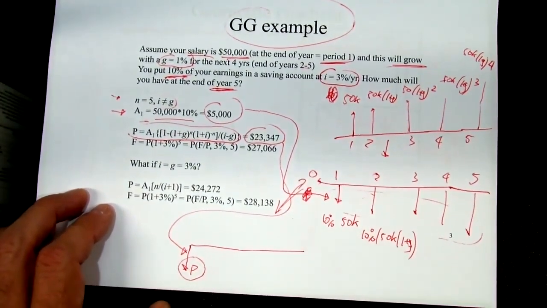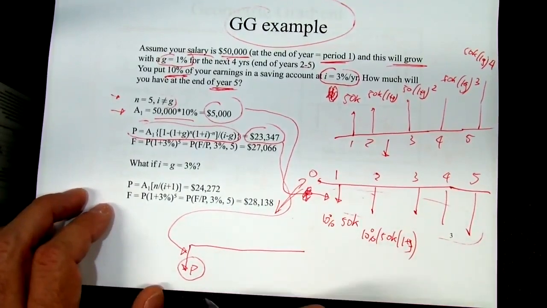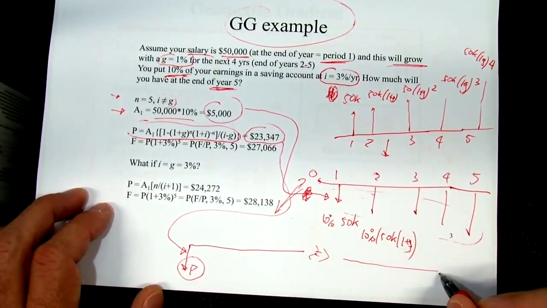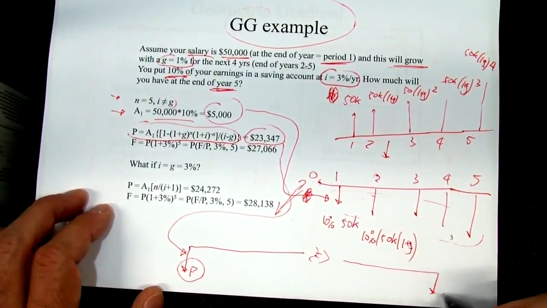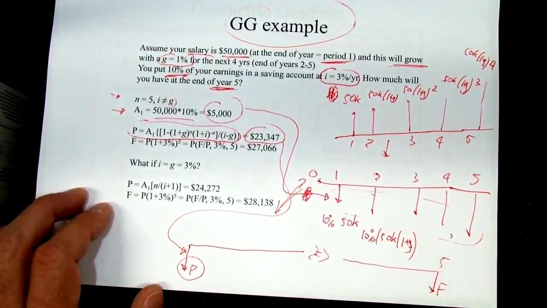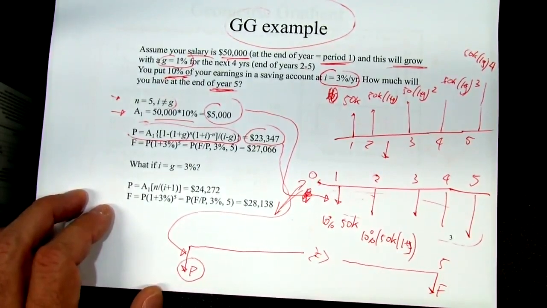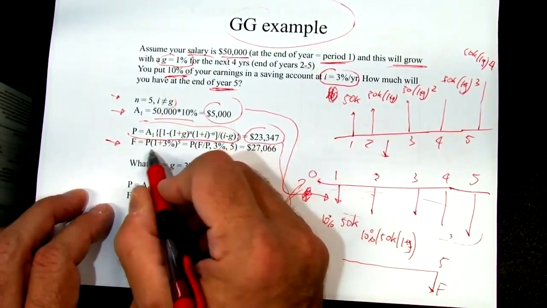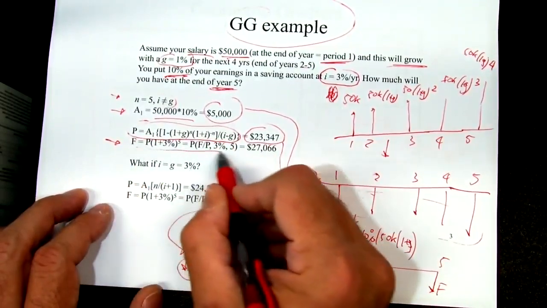Okay, and this is good because with this we can find what we are looking for, which is the equivalent amount of money you're going to have in the bank 5 years from the present, which is calculated with a direct F given P calculation.